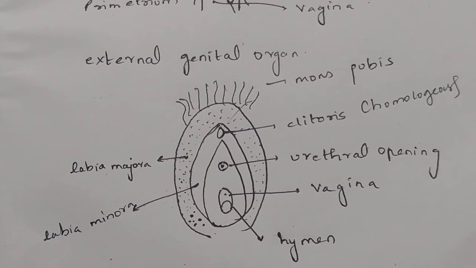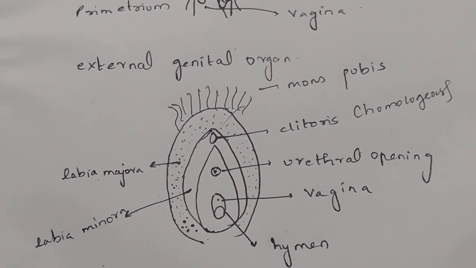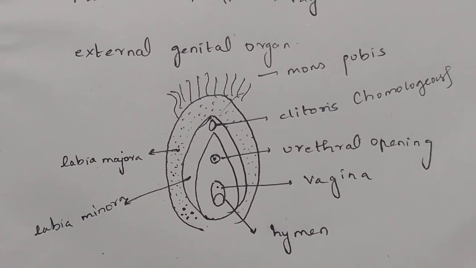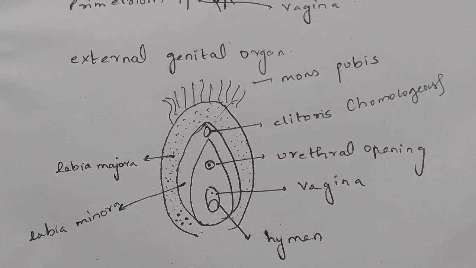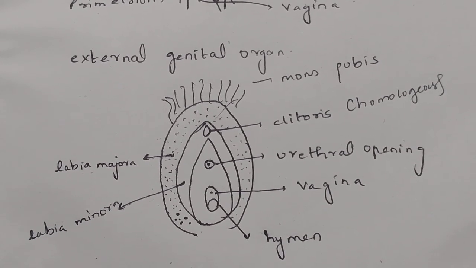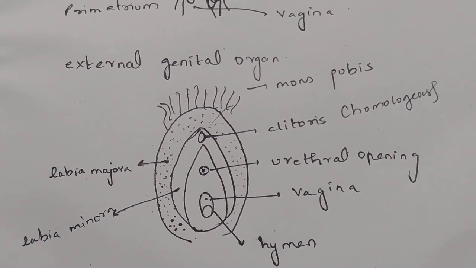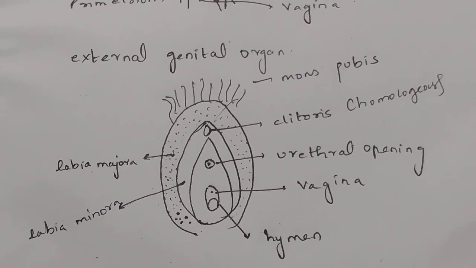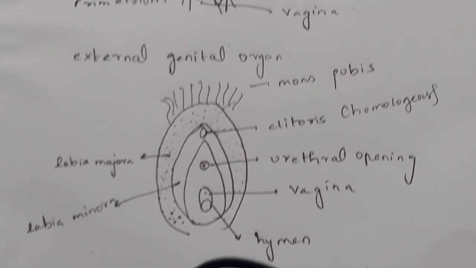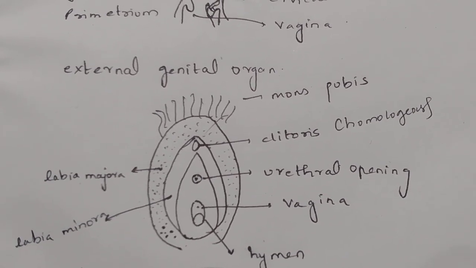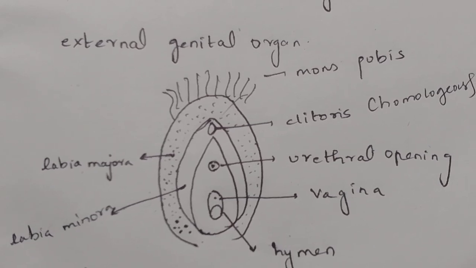Labia majora and labia minora are also external genitalia. Okay? The mons pubis is a cushion of fatty tissue covered by skin and pubic hair. And the clitoris is a tiny finger-like projection which is homologous to the penis, above the urethral opening. It is present above the labia minora.